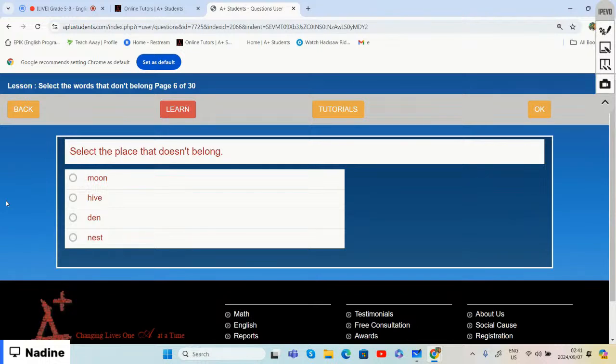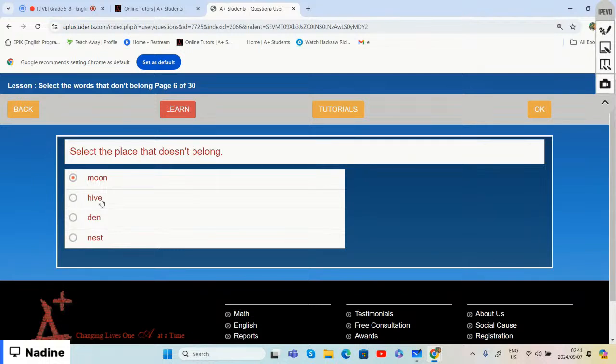And if we were to select the place that does not belong, we would select, yes, the moon. Option one, the moon, right? Because if you look at the words hive, den, and nest, those are three places where we'll maybe find animals that live in, right?